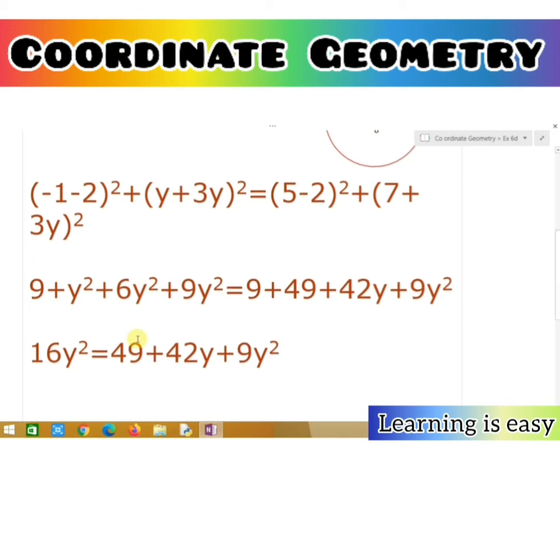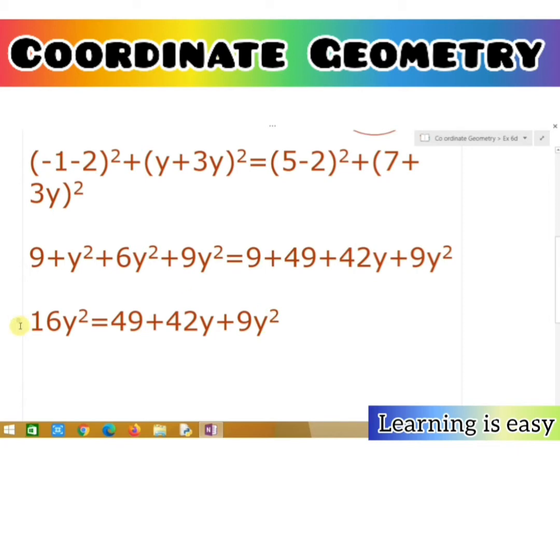Now we can bring this to quadratic equation form. So 16 minus 9, that's 7y square minus 42y minus 49 equal to 0.